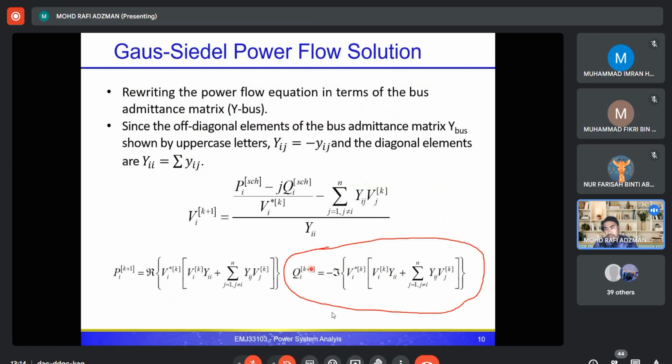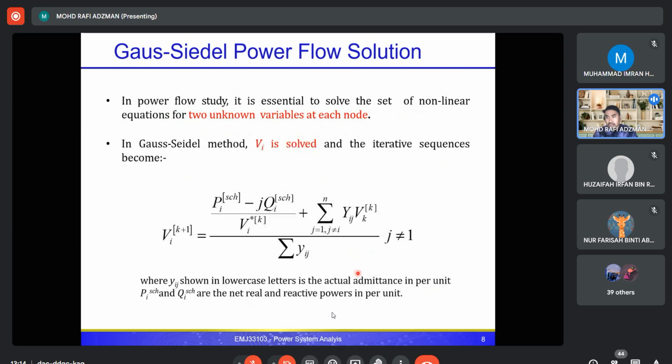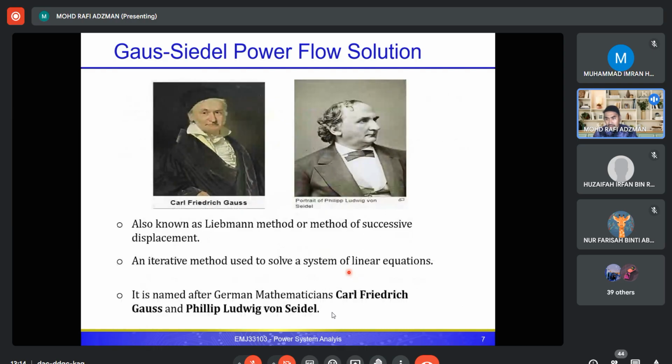So Qi(k+1) equal to minus imaginary part of Vi conjugate(k) times Vi(k) Yii, your diagonal element, plus the summation over j equal to 1, j not equal to i, up to n buses, of Yij times Vj(k). Okay. So this is in the form of uppercase letters. The same can also be used for lowercase, I think, if we have it here.